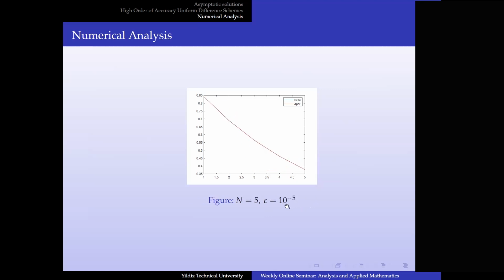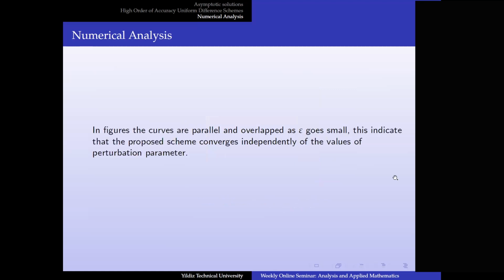And if I take 2 to the power minus 5, a very small epsilon, you can see exact solution and approximate solution are overlapped. So in the figures, the curves are parallel and overlapped as epsilon goes small. So this indicates that the proposed scheme converges independently of the values of the perturbation parameter.